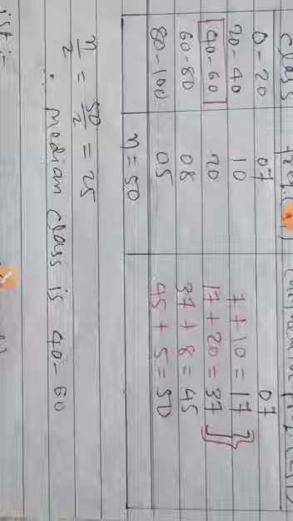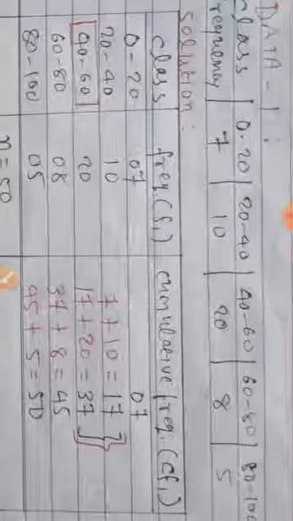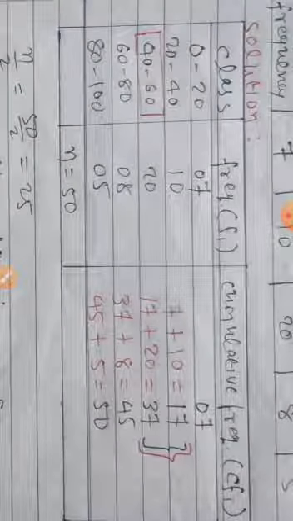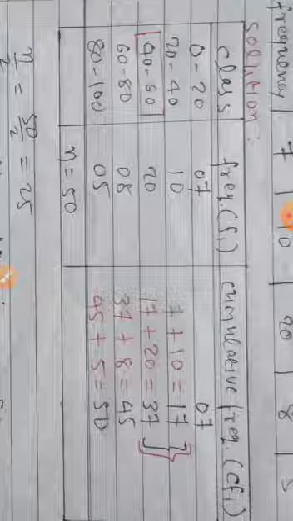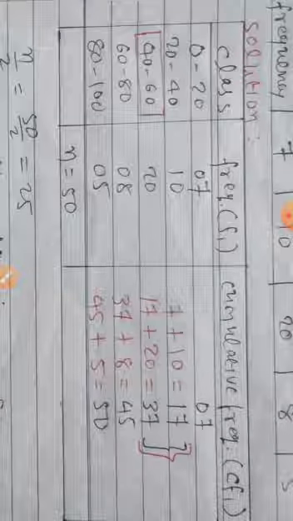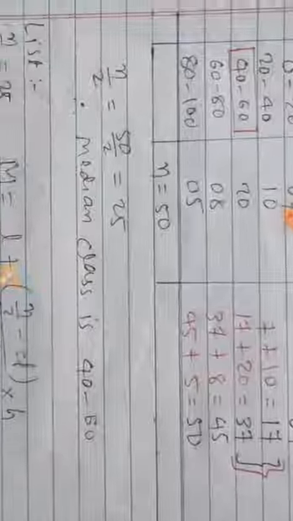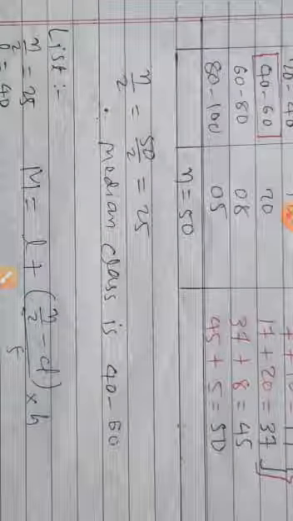Now which points are to be remembered in this method? First of all, you have to learn how to find the column of cfi, by adding frequencies one by one. Then how to locate the median class? By finding n by 2.